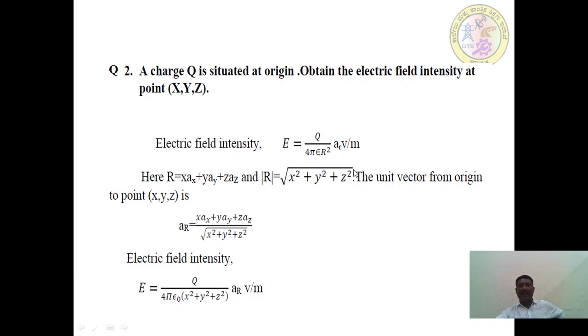Only you are taking the magnitude, not the unit vector direction, but it indicates all the directions, that is X, Y, Z direction. Therefore, you can see that the final equation is E is equal to Q divided by 4 pi epsilon naught times X square plus Y square plus Z square into aR. For the aR, you can write this equation one more time here also. That is, electric field intensity is given by this formula, and the unit is volt per meter.